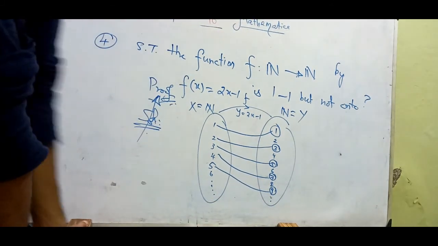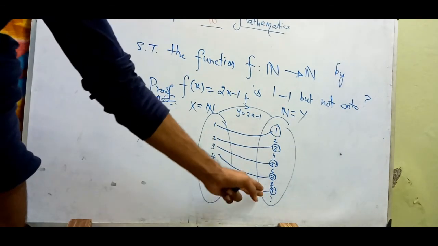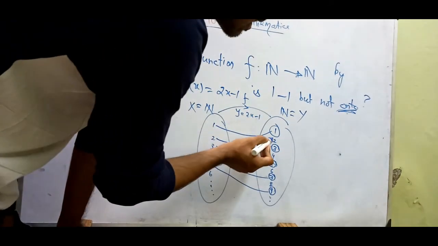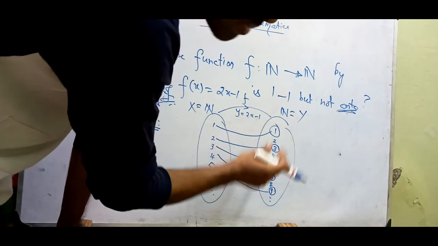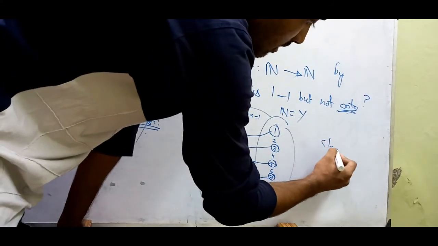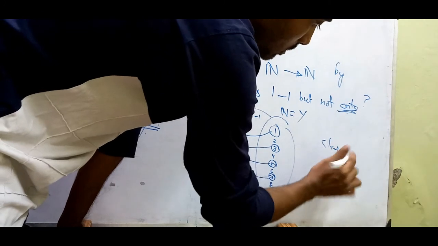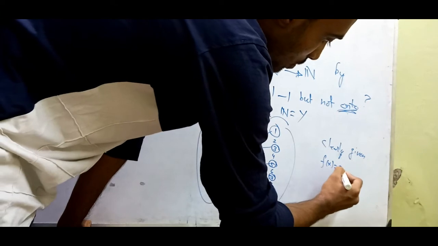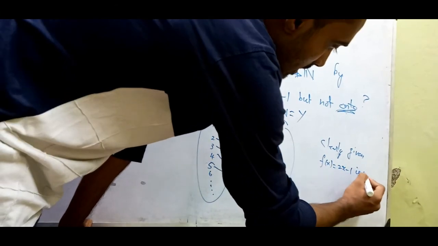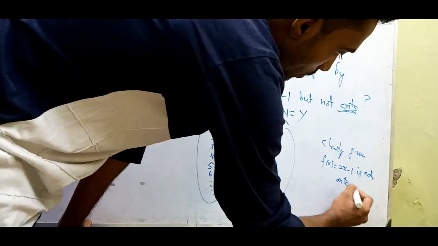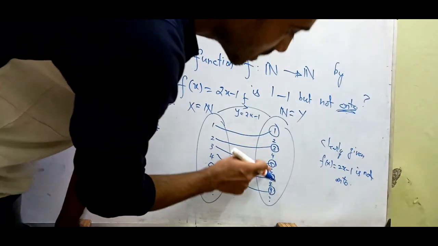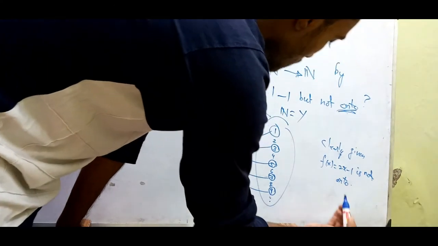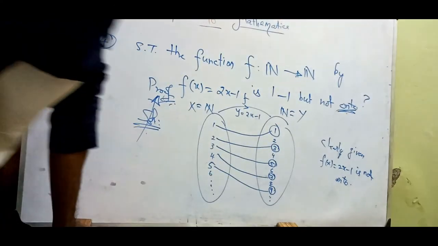The even numbers are missing in the codomain set, right? So definitely it is not onto. Why? Because some elements are missing in the second set. So we can say clearly the given function f of x equal to 2x minus 1 is not onto. The reason is that all the even natural numbers are not mapped, or missed.